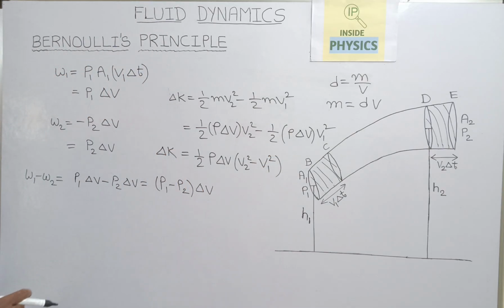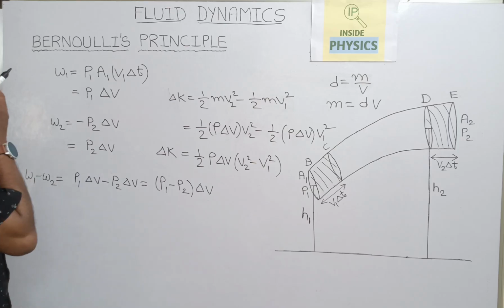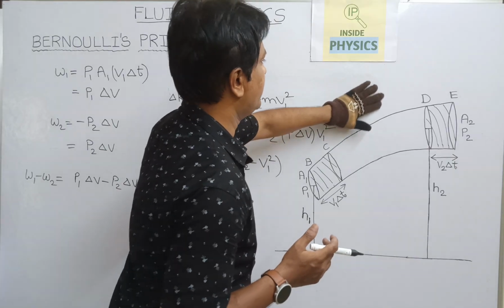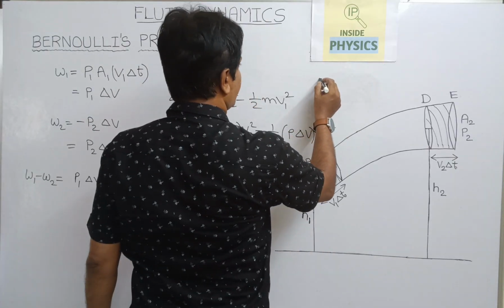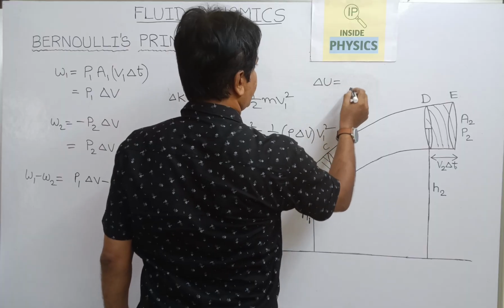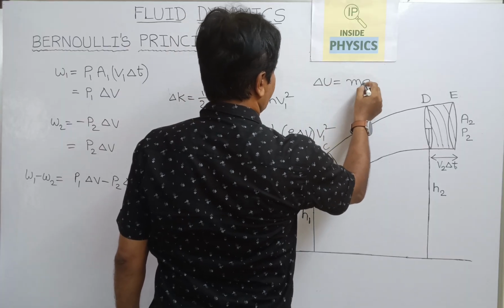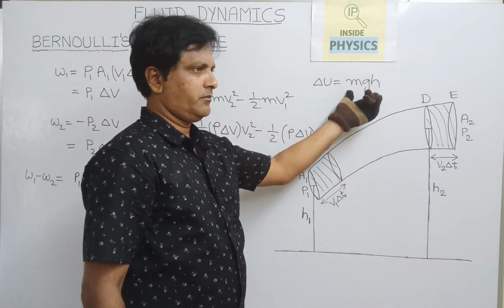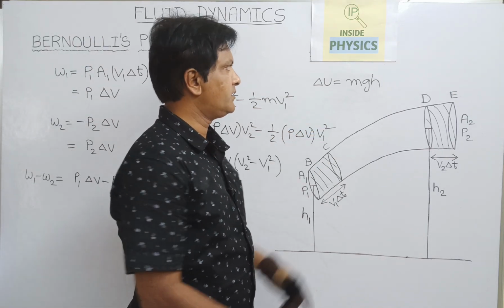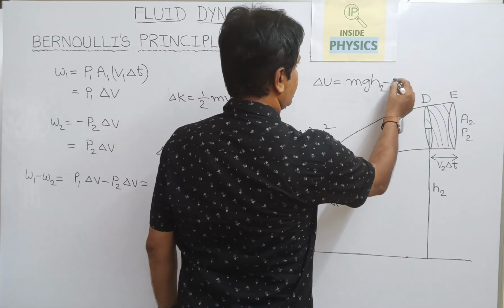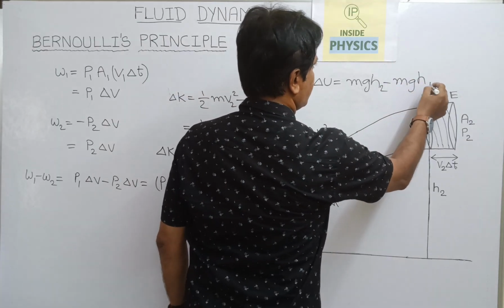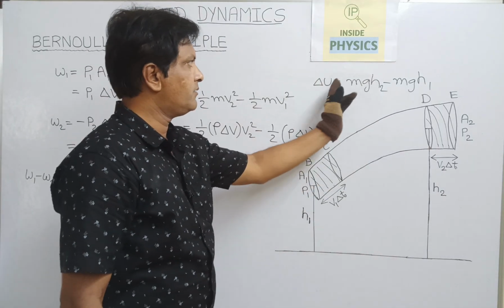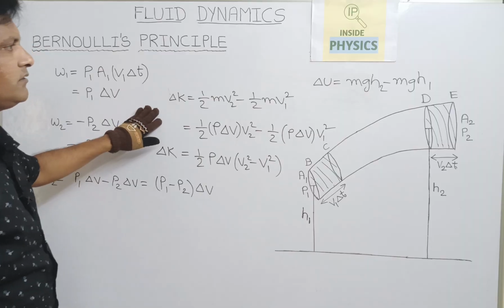Next, what is the change in potential energy? We know from kinematics that potential energy is written as mgh. So it is final potential energy minus initial potential energy. There is a height variation, so there must be a potential energy variation also.